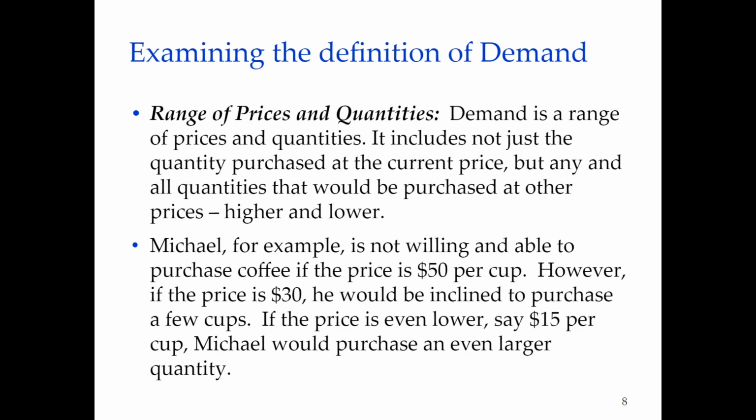Range of prices and quantities. Demand is a range of prices and quantities. It includes not just the quantity purchased at the current price, but any and all quantities that will be purchased at other prices, higher or lower.